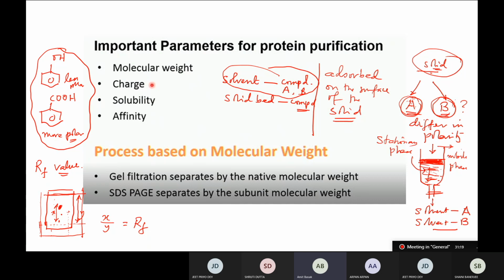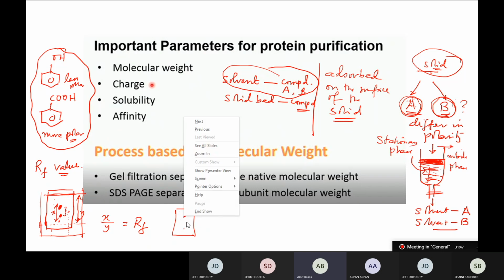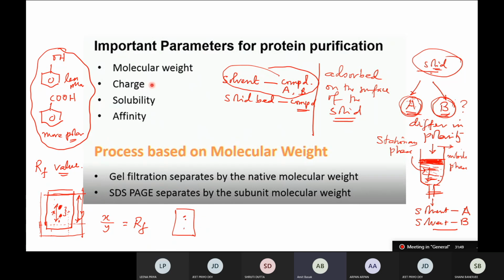Okay, so now suppose you have a mixture of two compounds. With the solvent you have used here, when you take the plate out, suppose one spot is here and another spot is here. That means there is a large difference between the RF values. But sometimes there can be a very small difference in the RF value, where one compound is here and another is here, very close by.